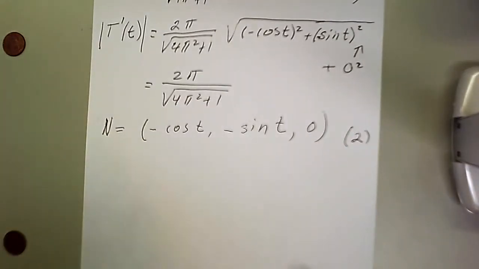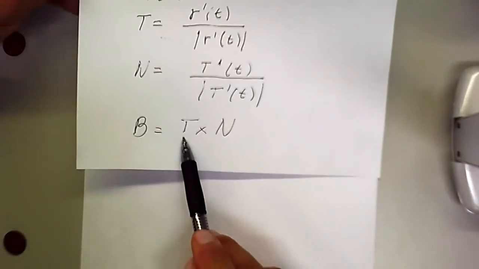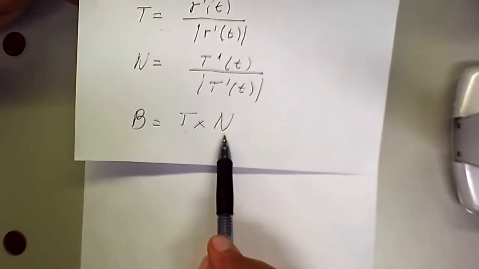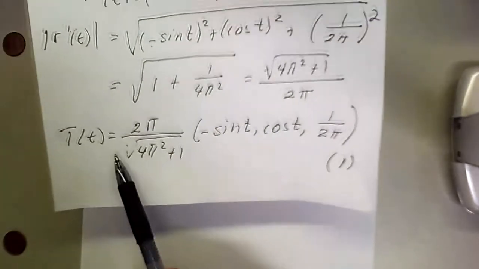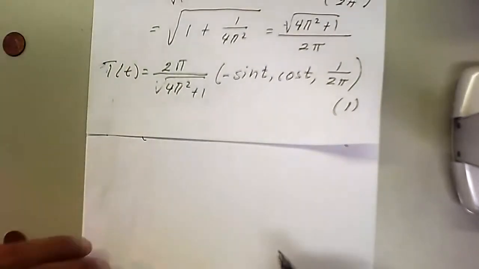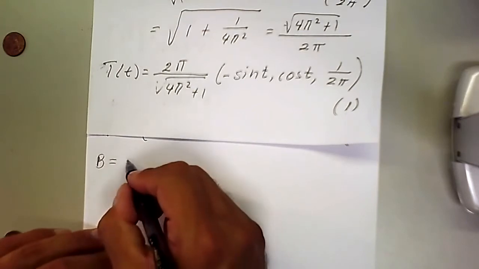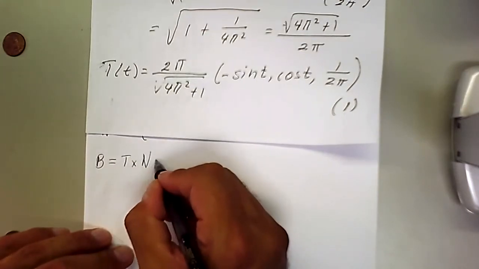Our binormal vector, let me bring back the formula, is simply the tangent unit vector crossed with its normal unit vector. We did have the tangent vector. That was formula number 1. I'm going to copy it down here. So the binormal vector will be the tangent vector crossed with the normal vector.